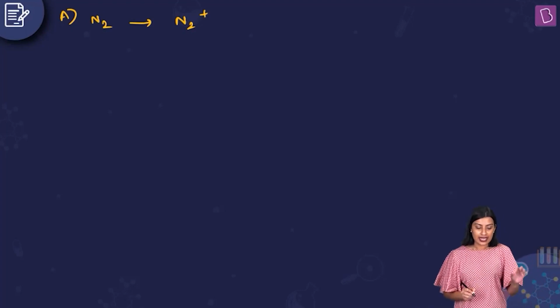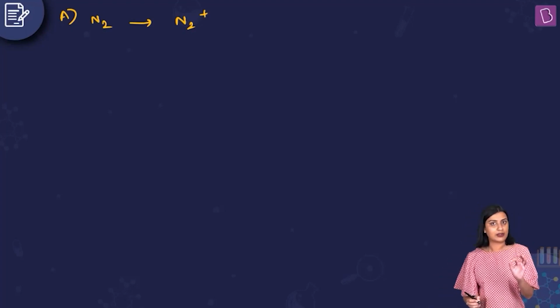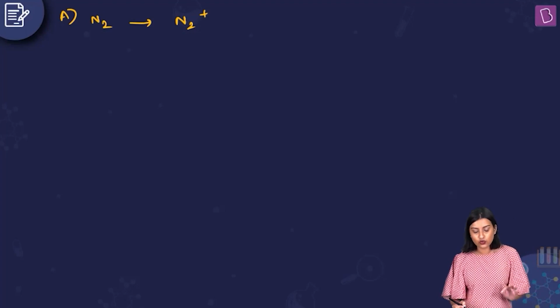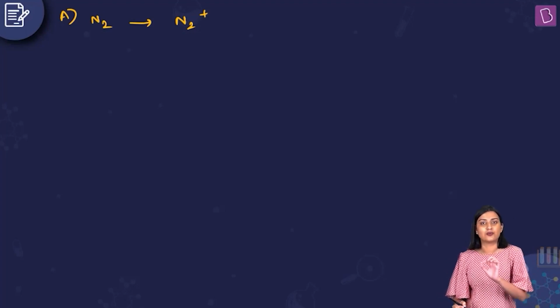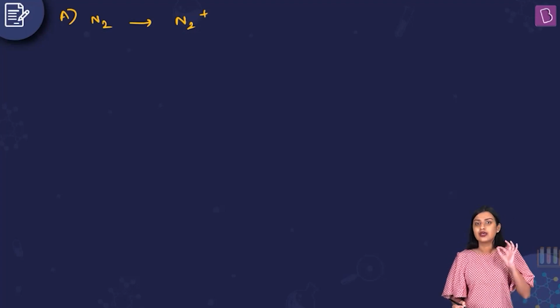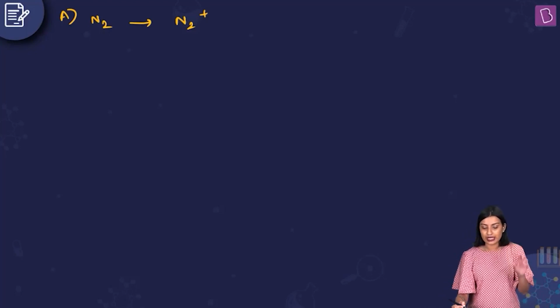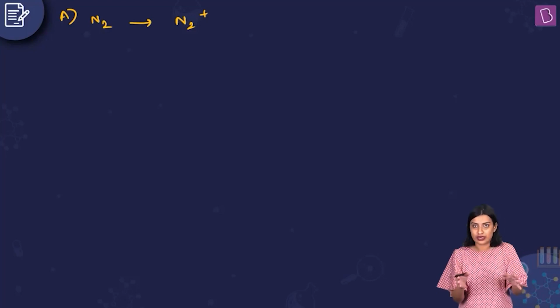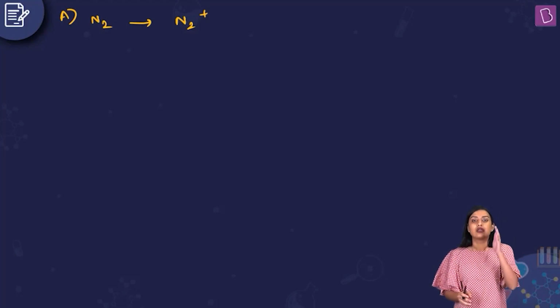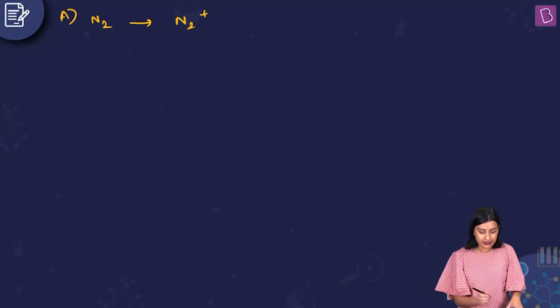Nitrogen has atomic number 7, which means in N2 we are dealing with 14 electrons. In N2 plus we are dealing with 14 minus 1, 13 electrons. Here we have 14 electrons, which means the electronic configuration that we're going to write is for the orbitals that we arrange up to 14 electrons. So let's do it.